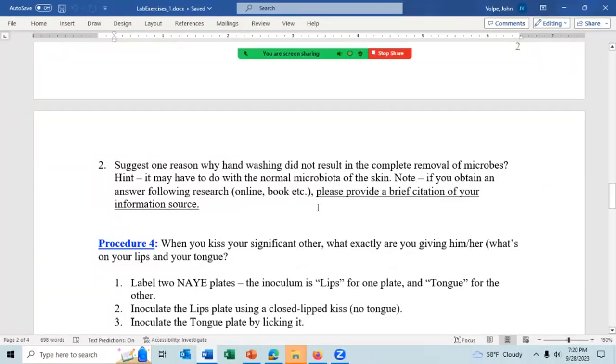This is a thinking question. It's not directly discussed in the lab, but you can get it if you do research, but it's fairly difficult.